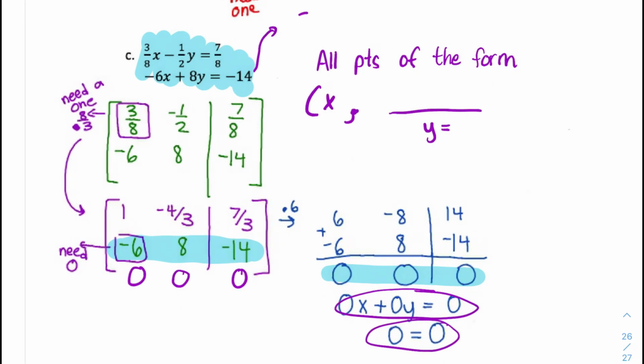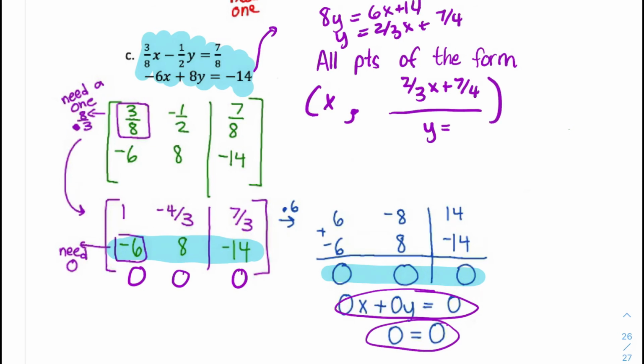So if I solve that one for y, that's going to give me 8y equals 6x plus 14. Divide by 8, and you're going to get y equals 2/3 x plus 14 over 8, which is 7 over 4. So that would be my solution set to that system of equations. Any points that are of that form.